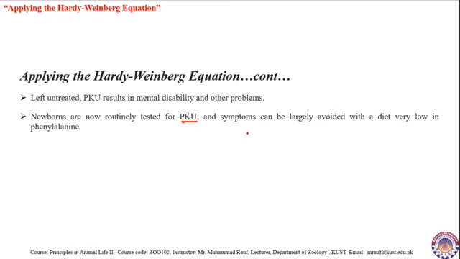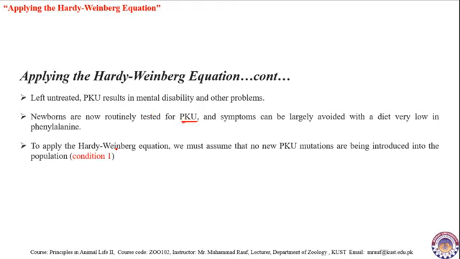So if you don't give them phenylalanine in their food, then its harmful effects will be decreased. It will not build up in the body. But in order to do so, you need to know about this condition at a very early stage.